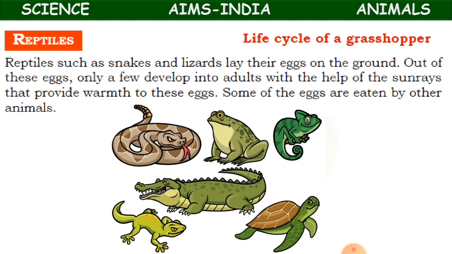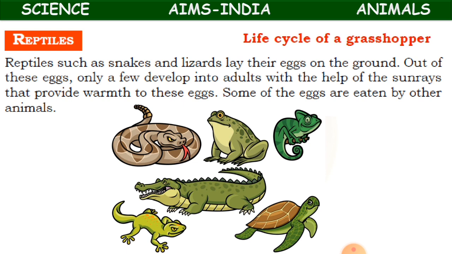Reptiles. Now what are reptiles? Here you can see snake, lizard, chameleon, crocodile, all these are reptiles. So how do these undergo the reproduction process? Let's see.